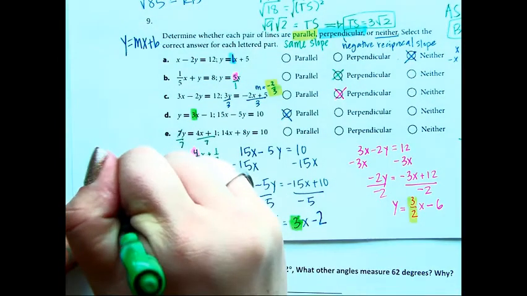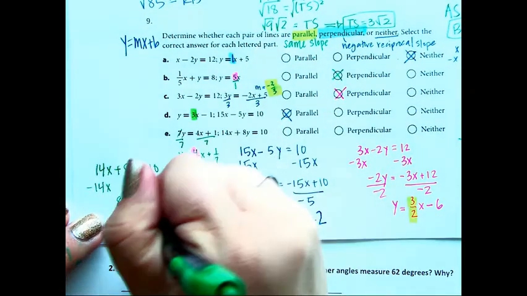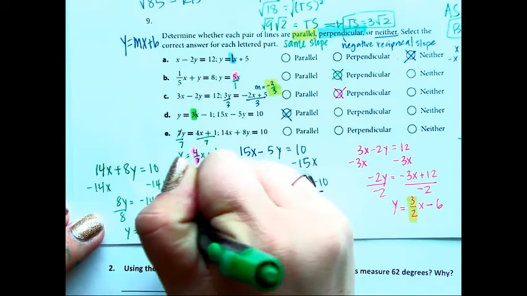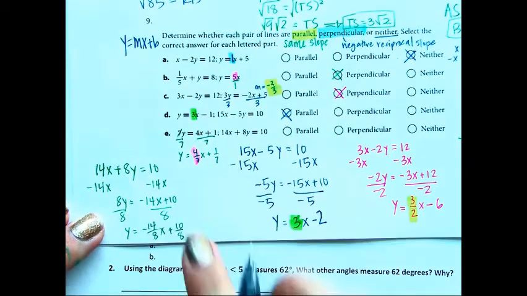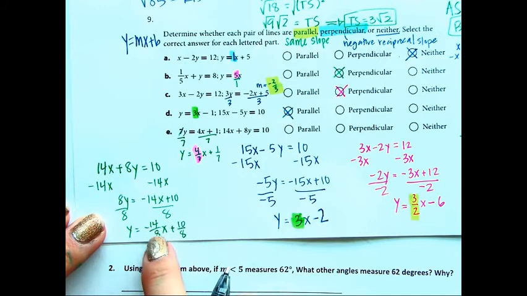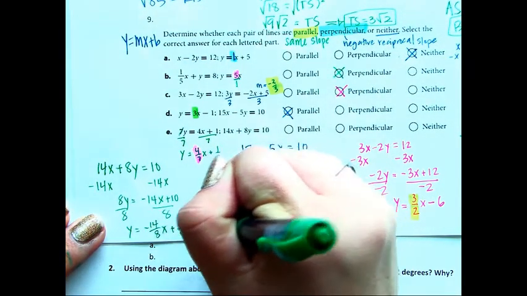Divide by 8 on both sides. So I get negative 14 divided by 8 x plus 10 divided by 8. So 14 divided by 8, I can simplify that fraction by dividing by 2 top and bottom. So I'm just going to write the slope here. I'm going to get negative 7 divided by 4.